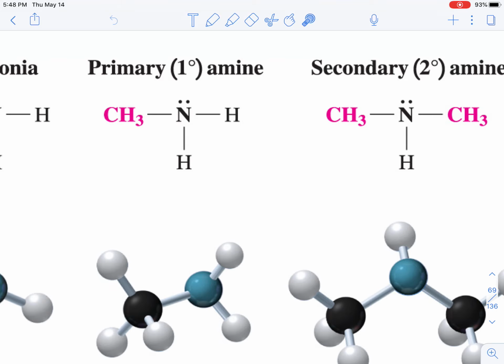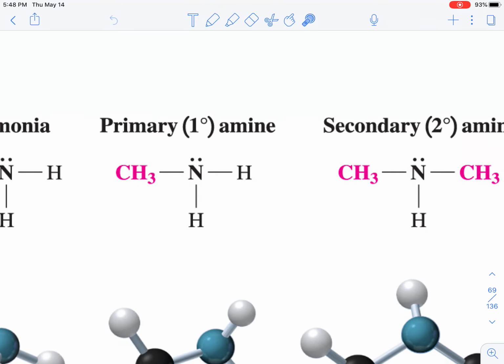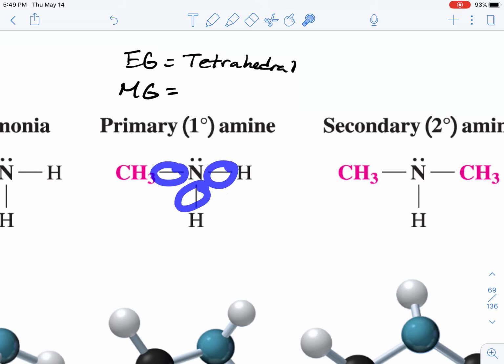And so looking at this primary amine, let's talk about electron and molecular geometry real quick. Since we have 1, 2, 3, 4 groups of electrons, the electron geometry is going to be tetrahedral. However, if we're looking at it in terms of molecular geometry, where we're differentiating lone pairs from covalent bonds, we have 1, 2, 3 bonding pairs, and we have 1 lone pair.